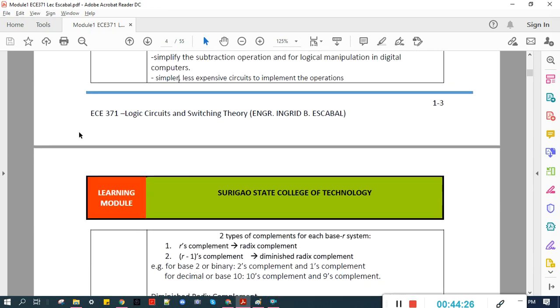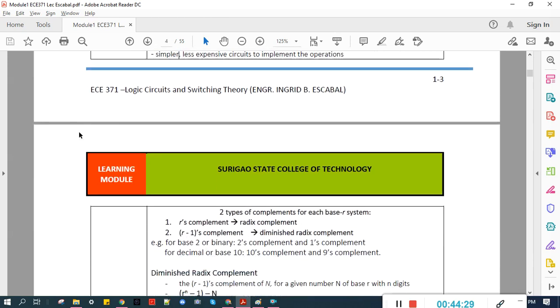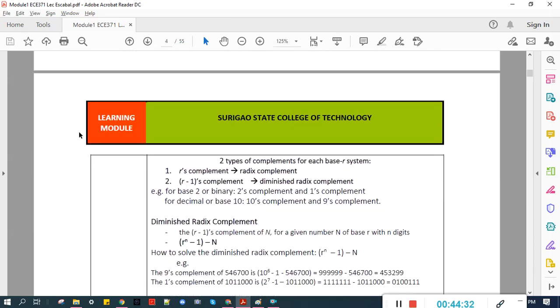So what are the complements of numbers? There are two types of complements for each base R system. The R's complement or the radix complement and the R-1's complement or the diminished radix complement. For example, for base 2 or binary, we have the 2's complement and the 1's complement. 2's complement is the radix complement.